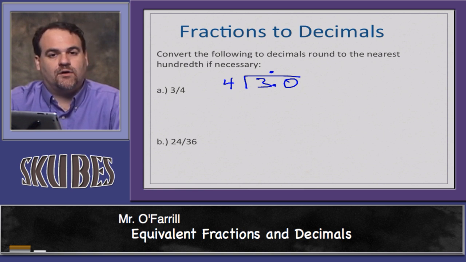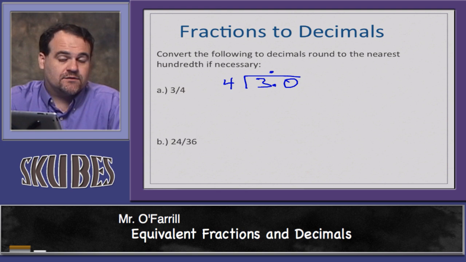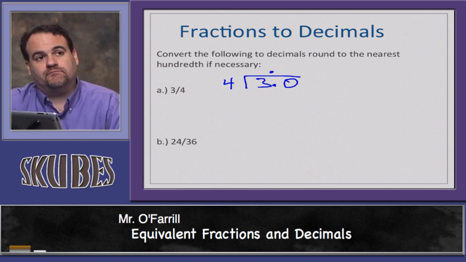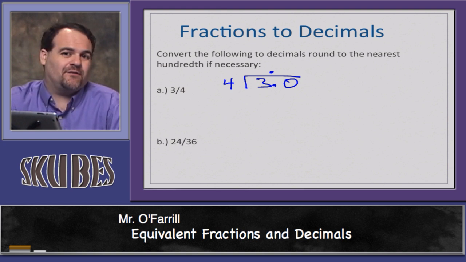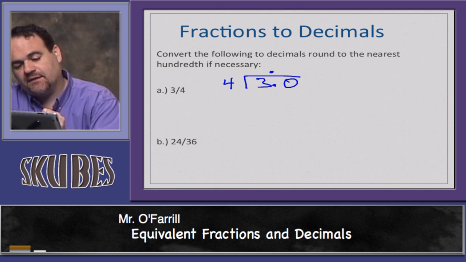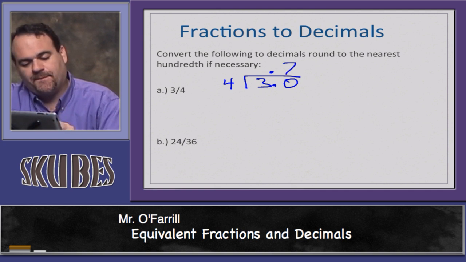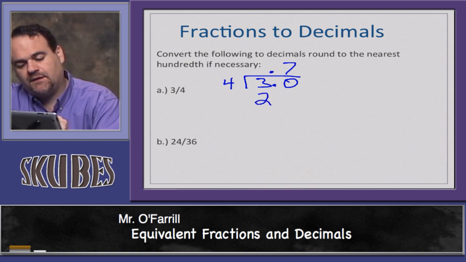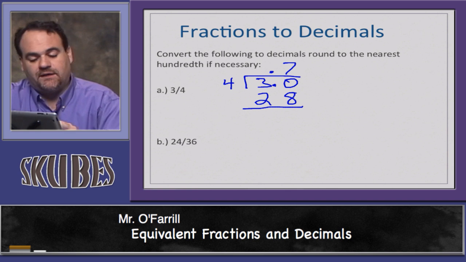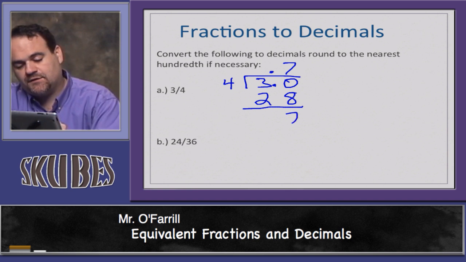Well, let's see. 4 goes into 28 7 times. 8 times would be 32. That's too big. So we're going to say 7 times, and that's going to be 28. 30 minus 28 is 2.